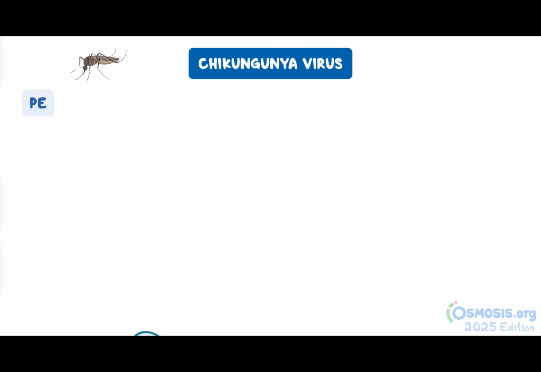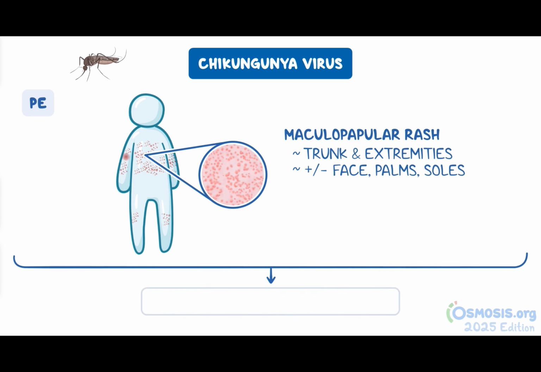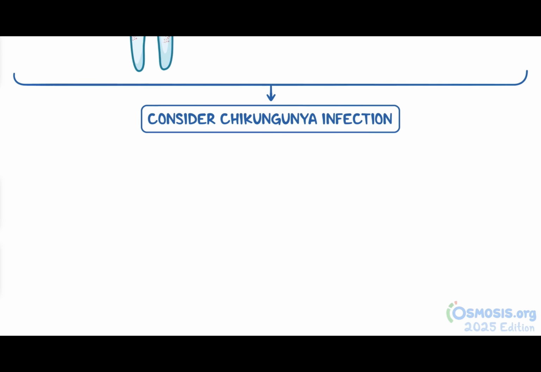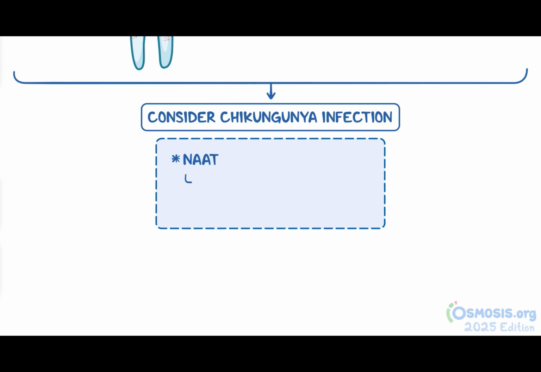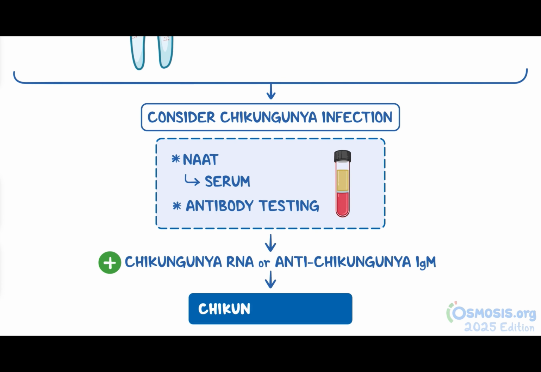Exam typically reveals a maculopapular rash on the trunk and extremities that may extend to the face, palms, and soles. With these findings, consider chikungunya infection and order virus-specific NAAT of serum or antibody testing. If the NAAT is positive for chikungunya RNA or anti-chikungunya immunoglobulin M is positive, diagnose chikungunya virus.